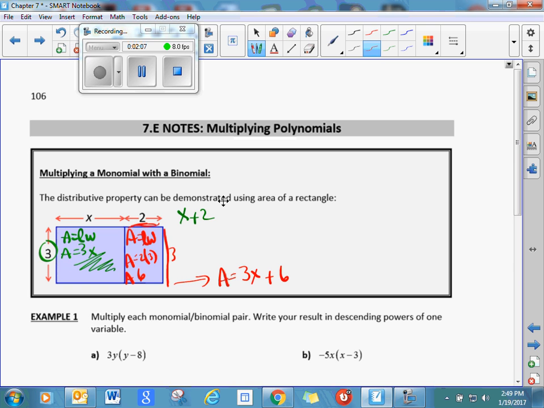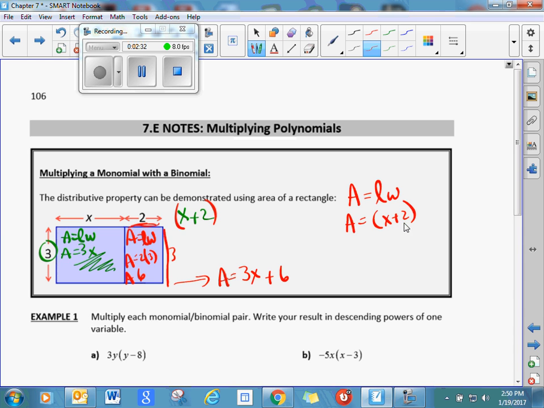Well, if we don't want to use a picture and we want to just write it using the area formula, length times width, we can say the length is x plus 2 with parentheses, because the length is one expression itself, and it's got to be connected to each other. This x and this 2 go together.